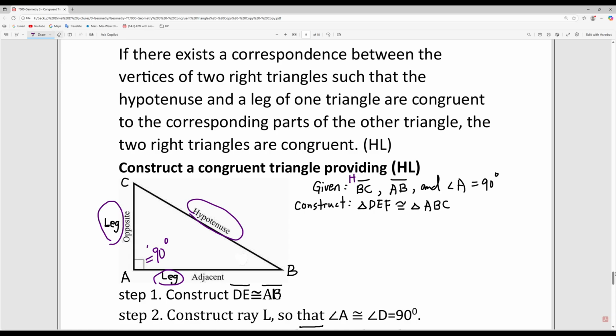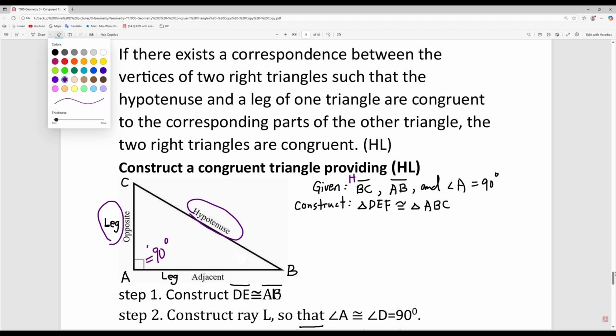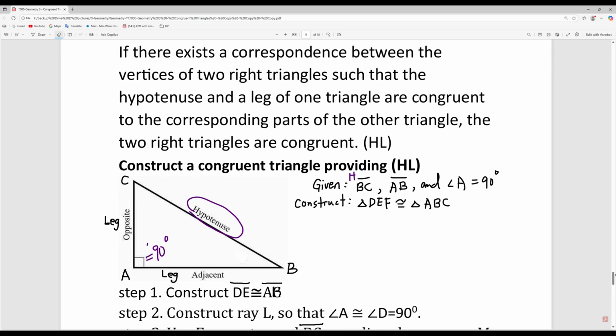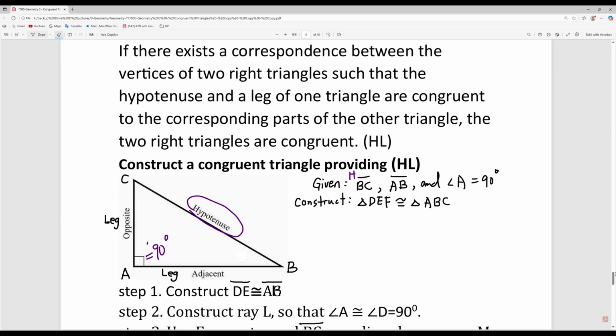Now, here I choose the example when you have this leg. In my example, I choose this leg, AB and BC. Okay, this leg, AB.